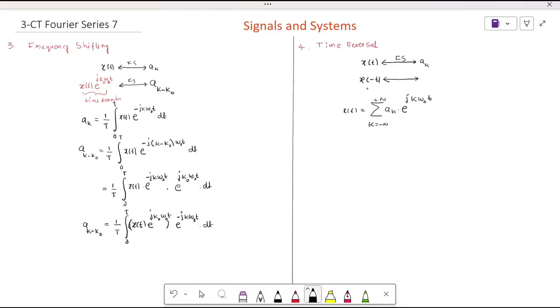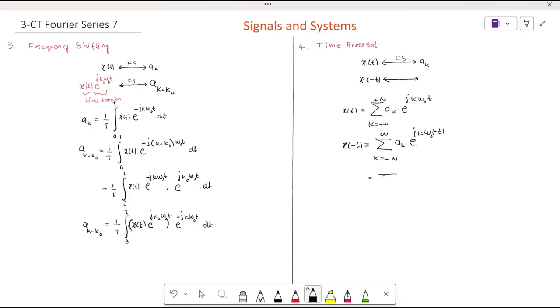Now we are going to find the Fourier coefficient for x of minus t. So just replace t with minus t on the right side. This a k has no t, so e power jk omega naught, here t is present, so replace t with minus t.